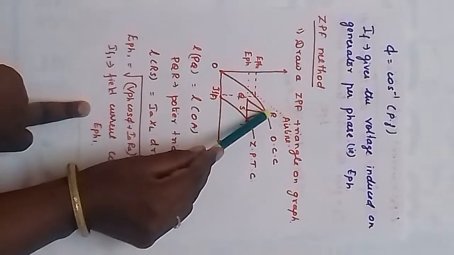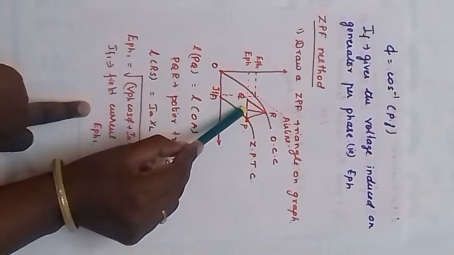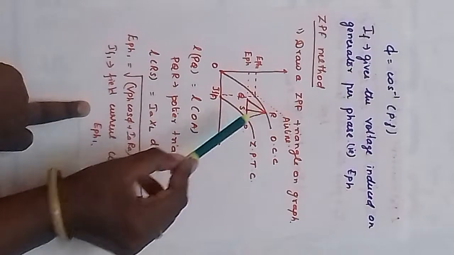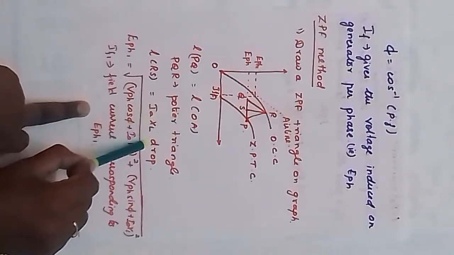And from R you draw a perpendicular line which cuts PQ at point S. The length of RS indicates the IA XL drop, that is the leakage reactance drop.